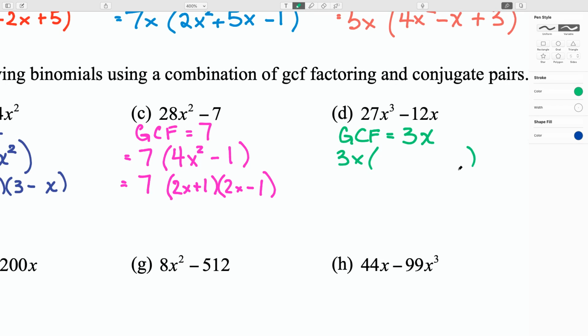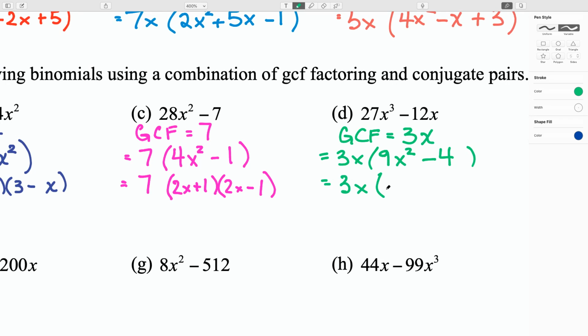What do we multiply 3x by to get 27x cubed? 9x squared minus, what do we multiply 3x by to get 12x? 4. And now we have a difference of perfect squares.